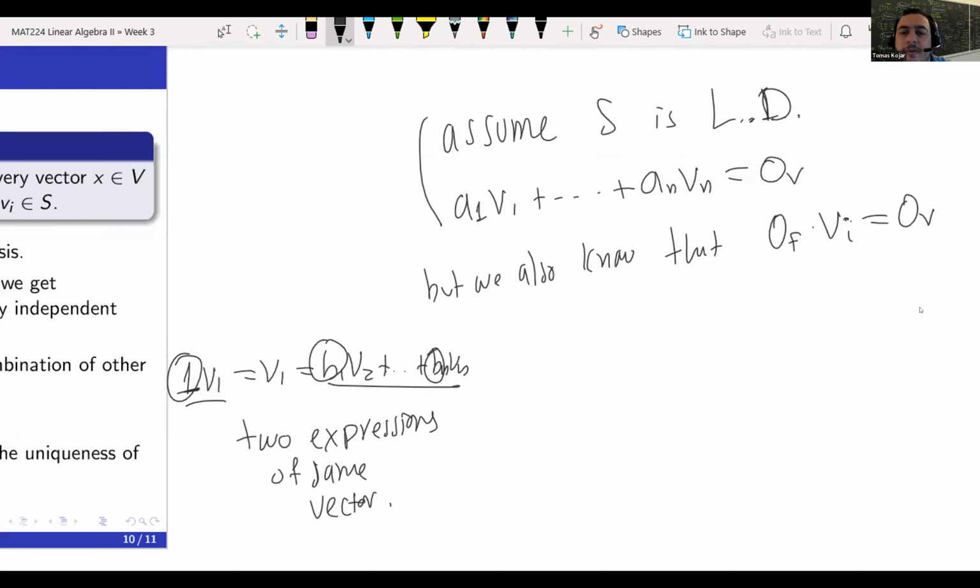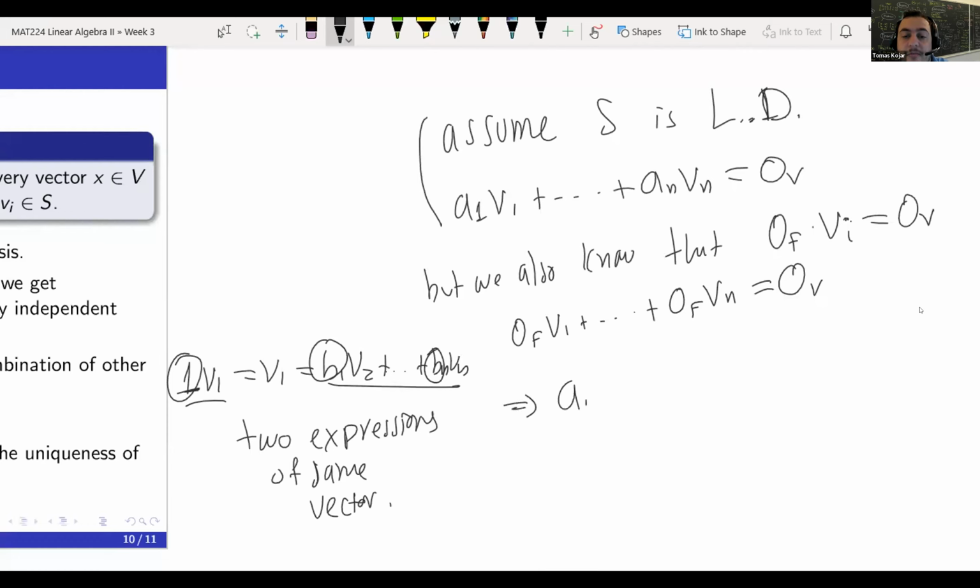Okay, so now you put these two together, you know that 0 v1 all the way to 0 vn is the zero element. But now you have two expressions and you have uniqueness.